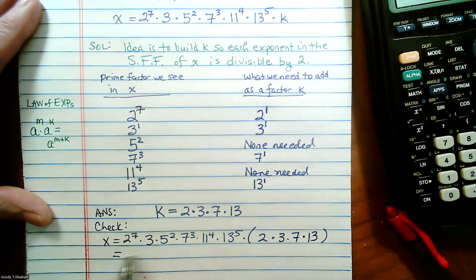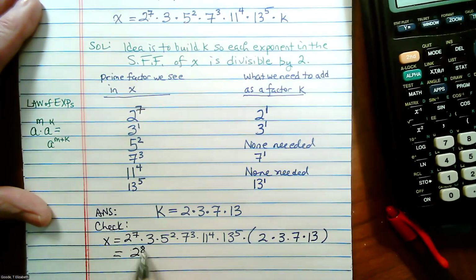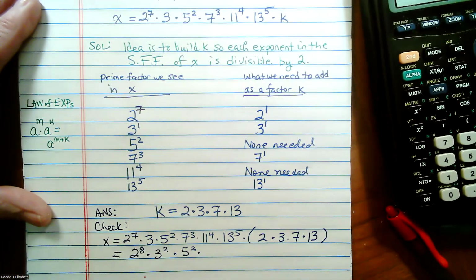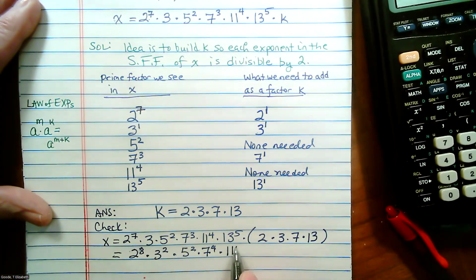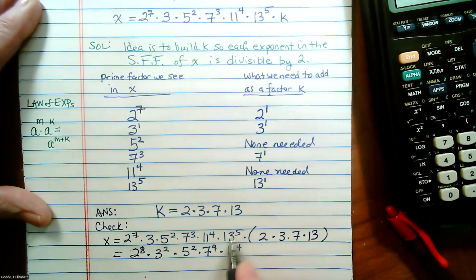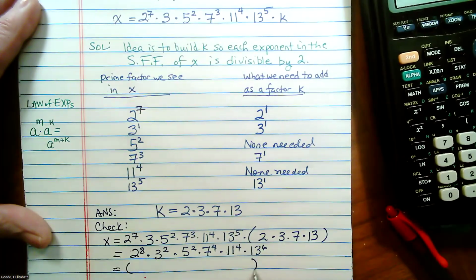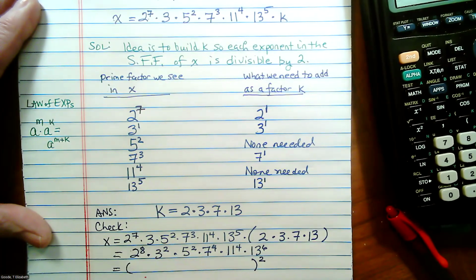So if we gather these together, it's 2 to the eighth times 3 squared times 5 squared times, what's the power on the 7? 4. Good. What's the power on the 11? 4. And what's the exponent for the 13? 6.